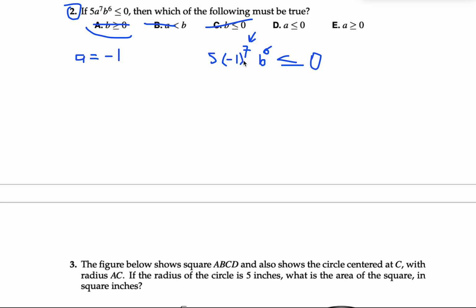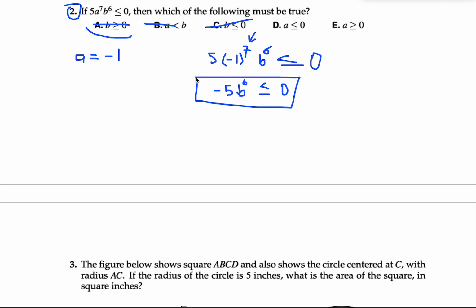So because it's odd, we'll end up with a negative number. So it'll be -1. -1 times 5 will be -5. So -5 times b to the 6th power is less than or equal to 0. So we get this simplification, and we'll get to analyze it.